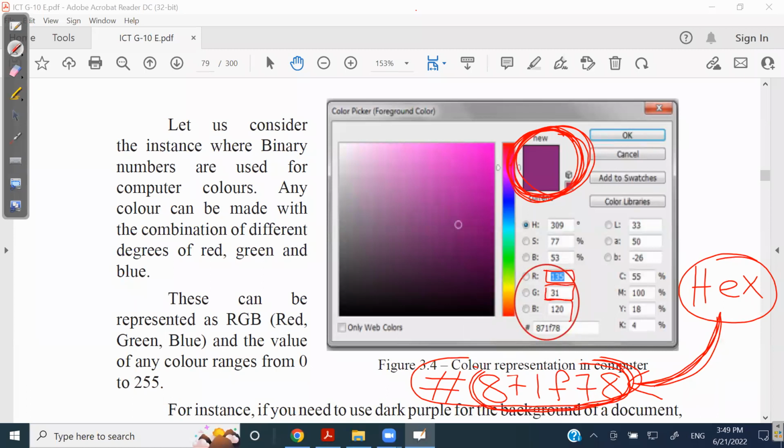So the decimal number system is being used. But when it comes to the computer, all these decimal values as well as these hexadecimal values are converted into machine code. That means ones and zeros.